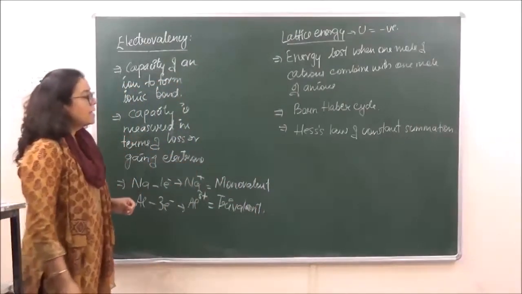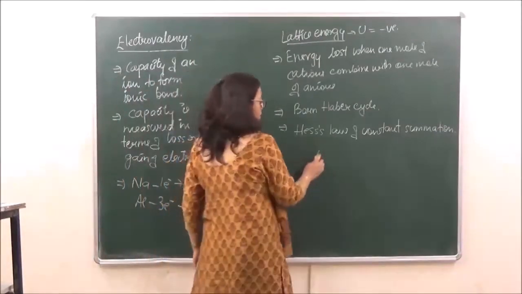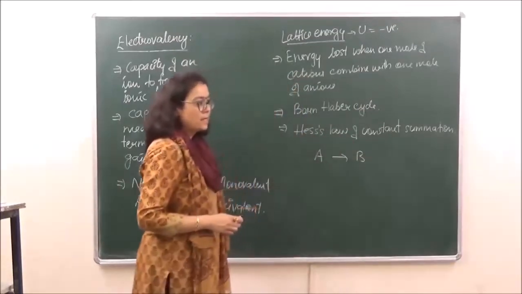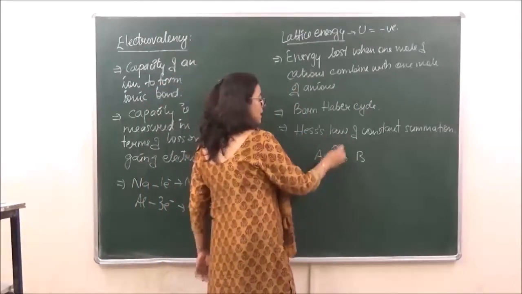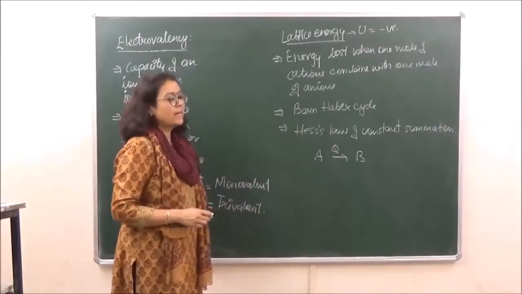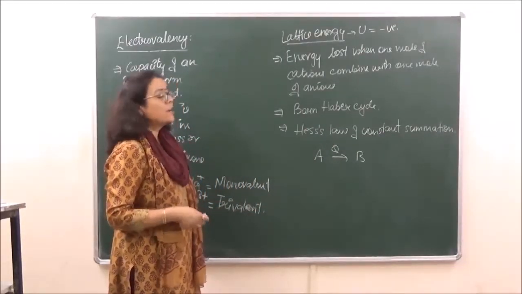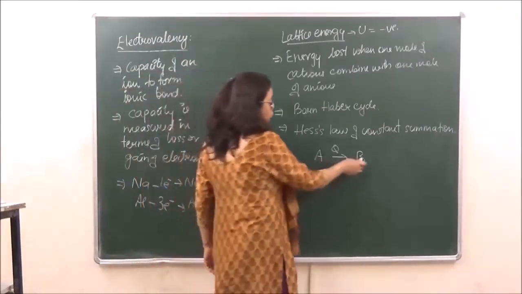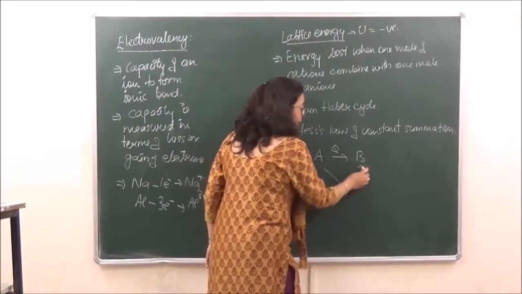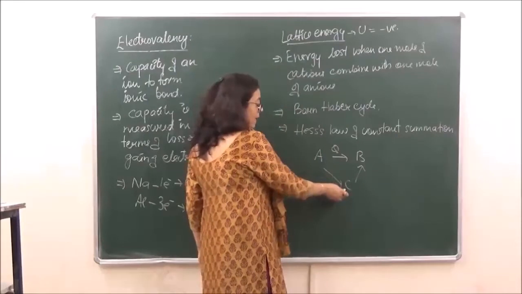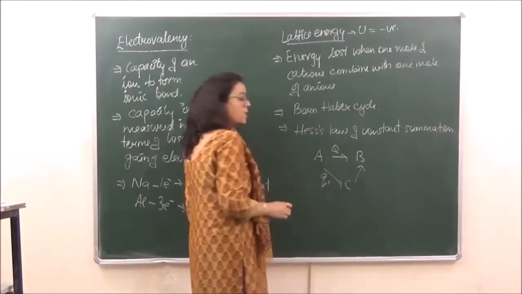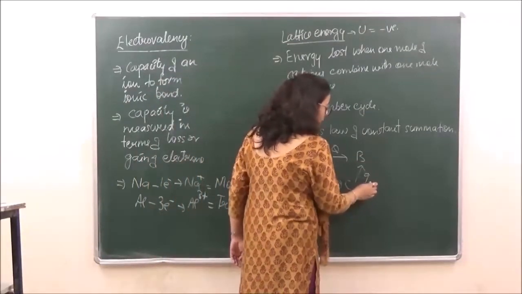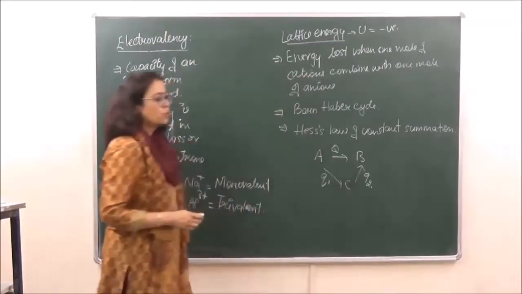What does this law say? According to this law, suppose we are doing a hypothetical reaction in which A is being converted to B, and the energy change required or released to convert A to B is Q. Now, if we form B through an intermediate C, when A is formed into C, the energy change is Q1, and when C is formed into B, the energy change is Q2.